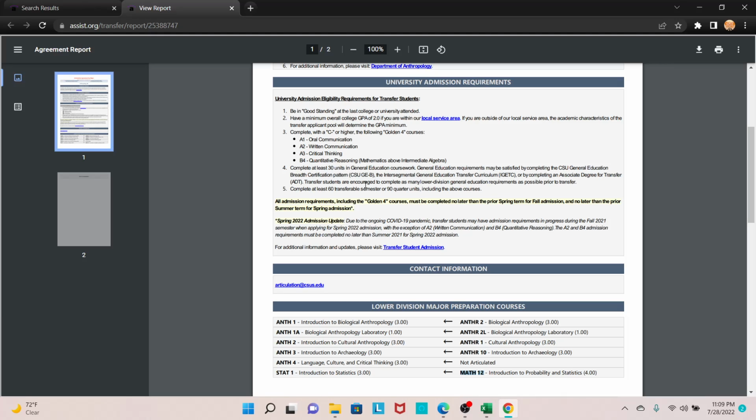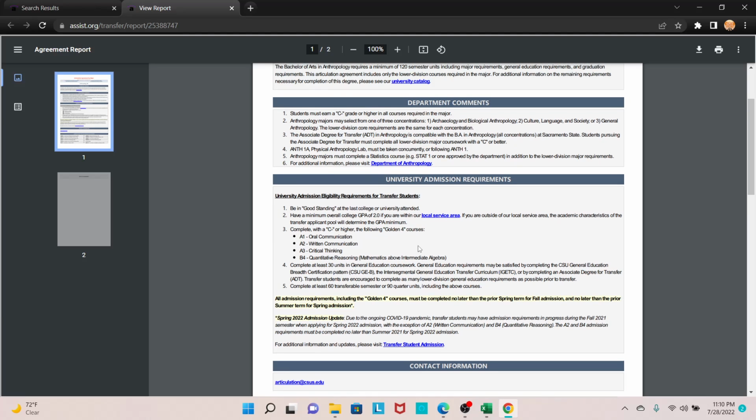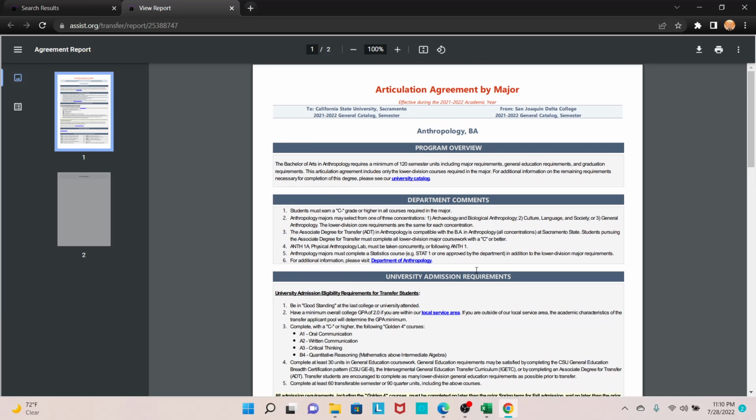Some little updates here regarding COVID information and classes, basically saying that you could actually apply without some of these categories complete, but then you'd have to complete them by second semester. So if you really wanted to transfer right away, you definitely could do that and take that into consideration. Then department comments relate to things that Sac State wants specifically.